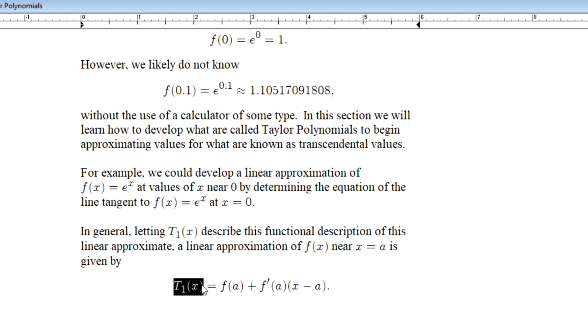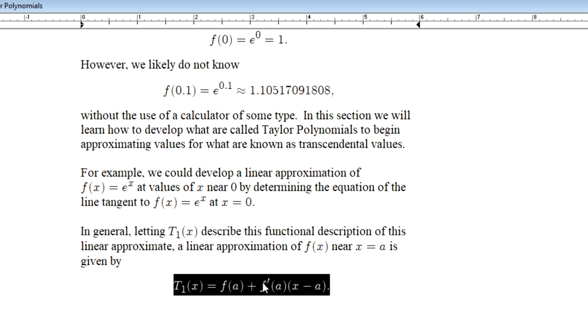It is given by the value of our function f at the value we are near, a, added to the value of the function's first derivative at a, times the quantity x minus a. Keep in mind x is the independent variable in this linear approximation function, and a is the value we are near.